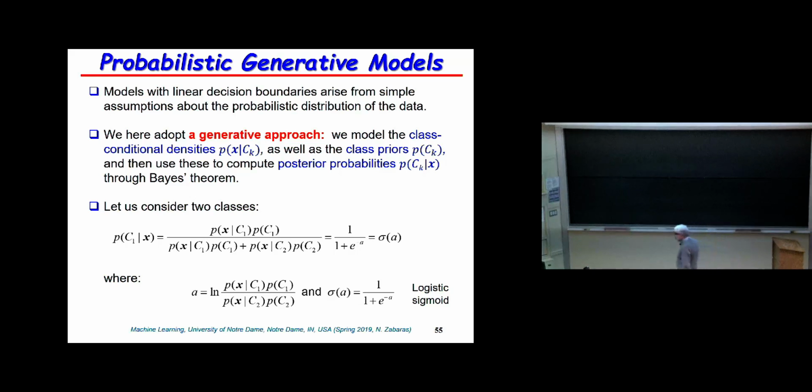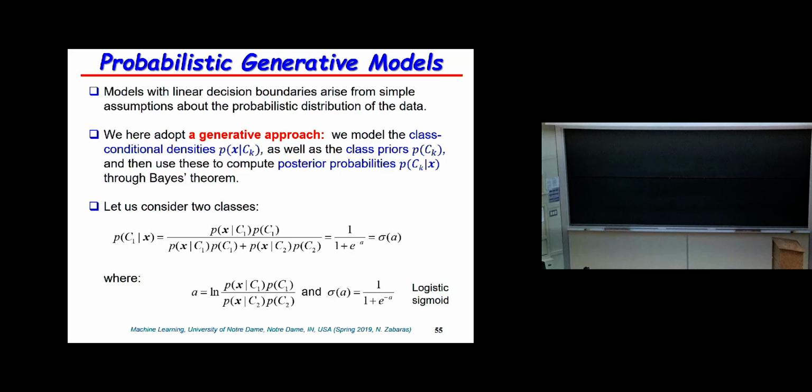So I want to go back to one of the three potential models that we refer to, which is generative models. As a reminder, in generative models, what we need to do is build these class conditional densities.